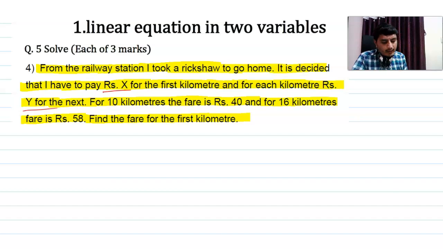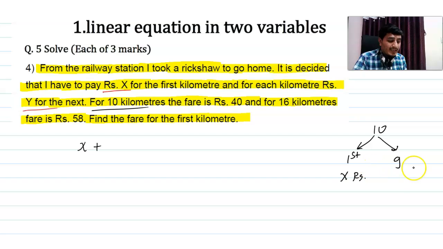Now, for the first kilometer we have to pay x rupees, and we are traveling 10 kilometers. So among 10, for the first kilometer we pay x rupees, and for the remaining 9 kilometers, for each kilometer we pay rupees y.